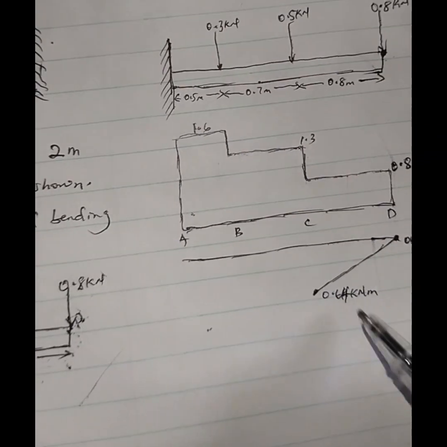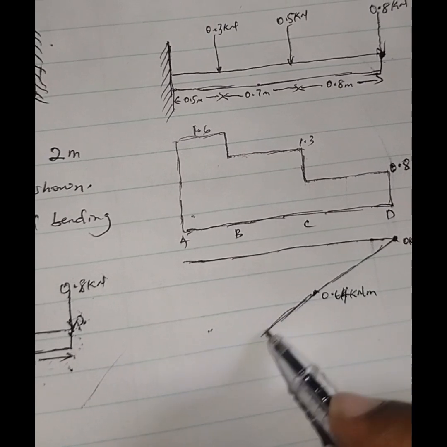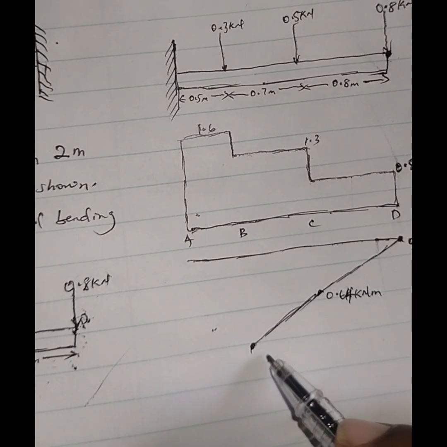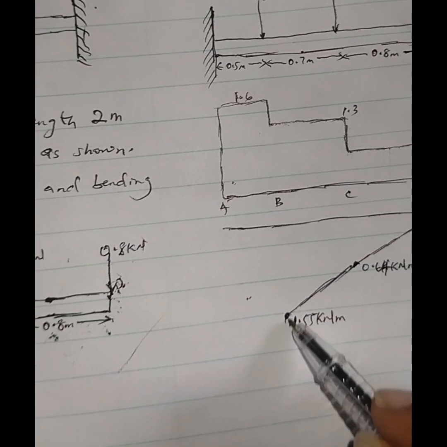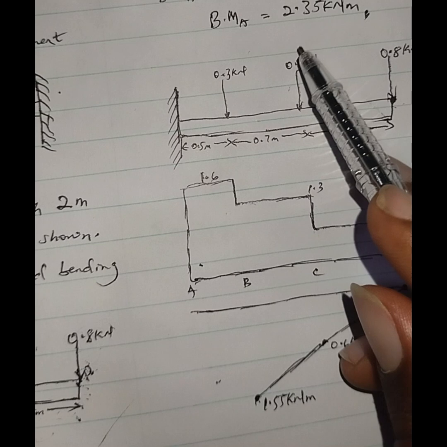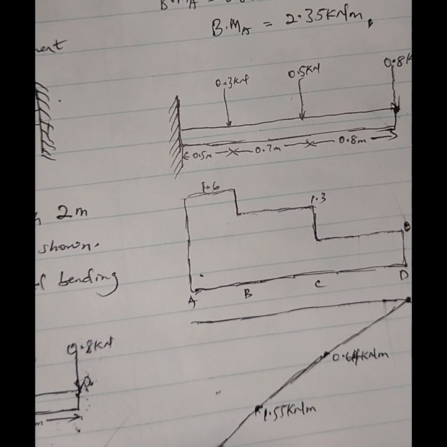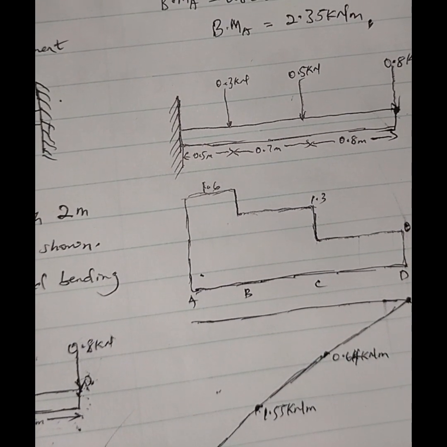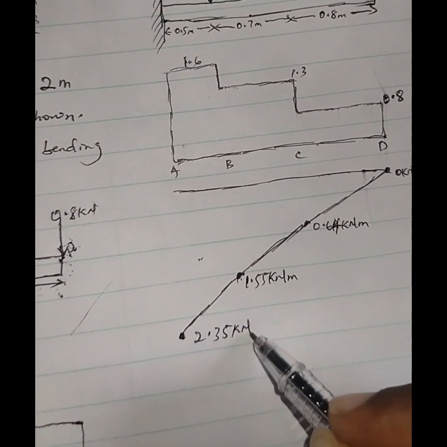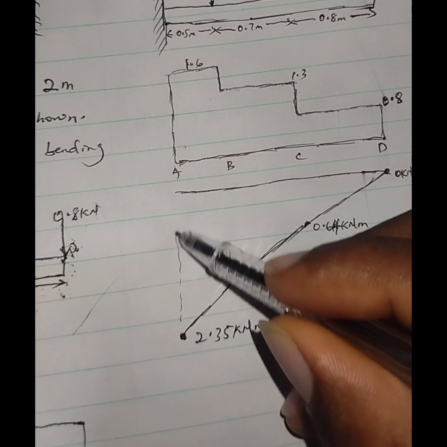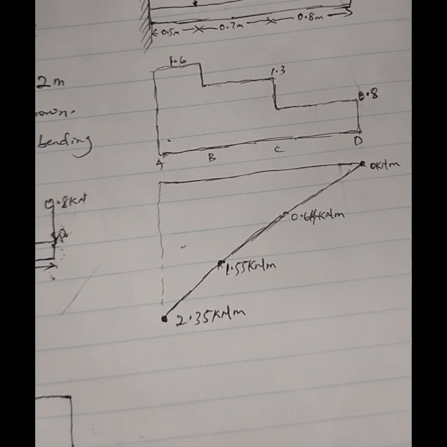So it's still linear, just take it down more. 1.55 kilonewton meter. Then your A is 2.35. So just actually very easy. 2.35 kilonewton meter. So this is easy, so simple, like that. So now you can try other questions.